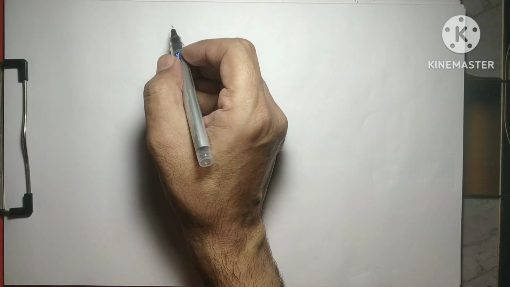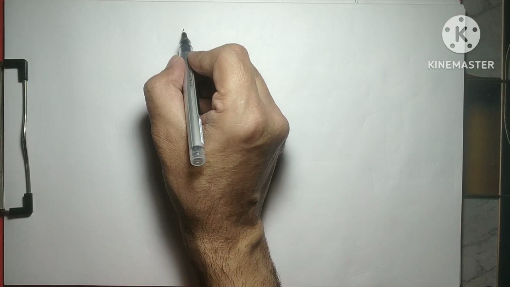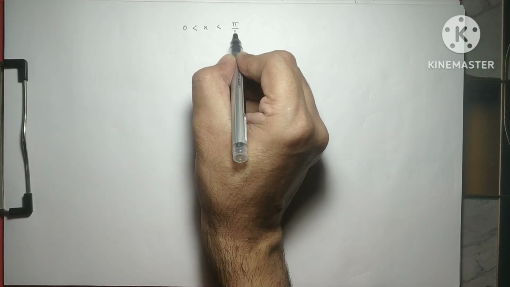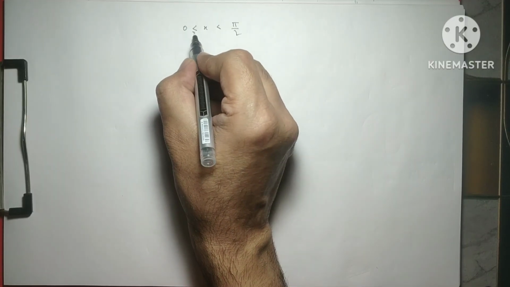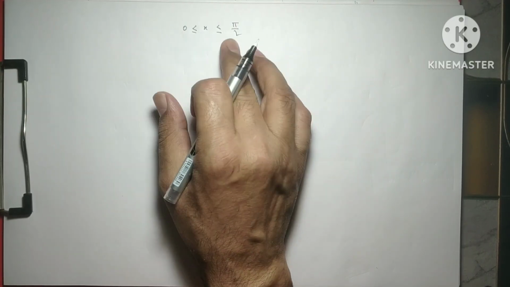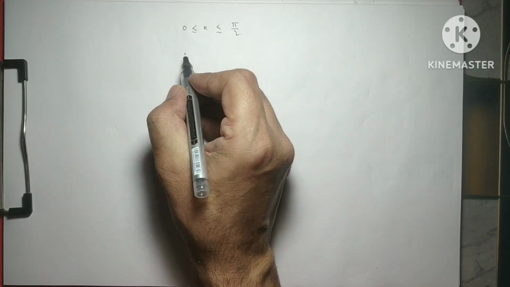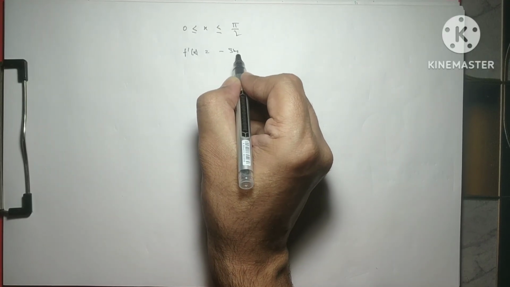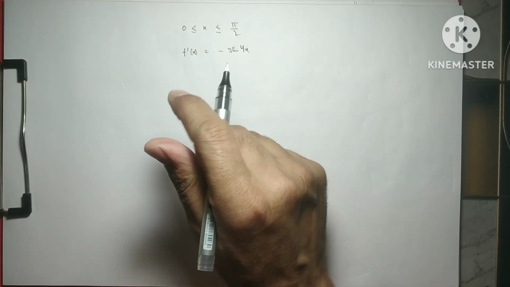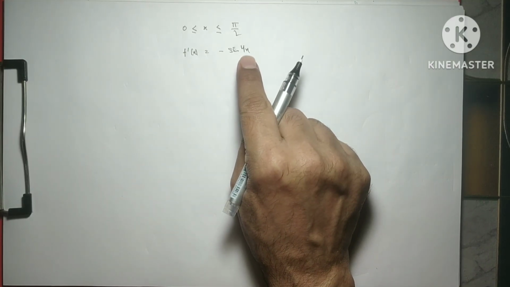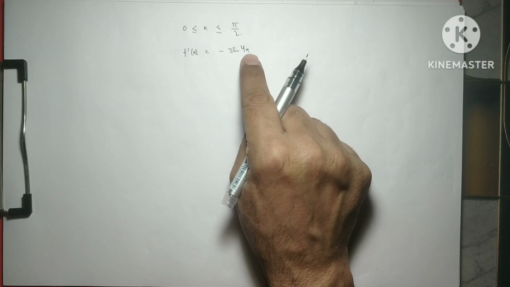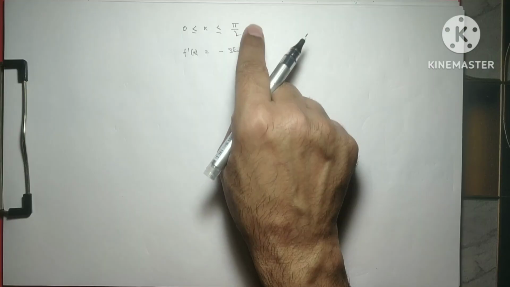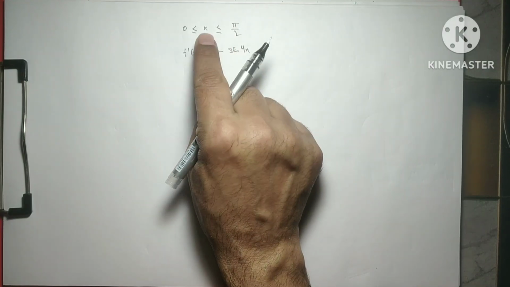Now we have the interval 0 to pi by 2. This is the variation of x, but the first derivative of the function is minus sin 4x. So right now it is not x, this is 4 times x, so the angle is 4x. So we will convert these values into 4x.